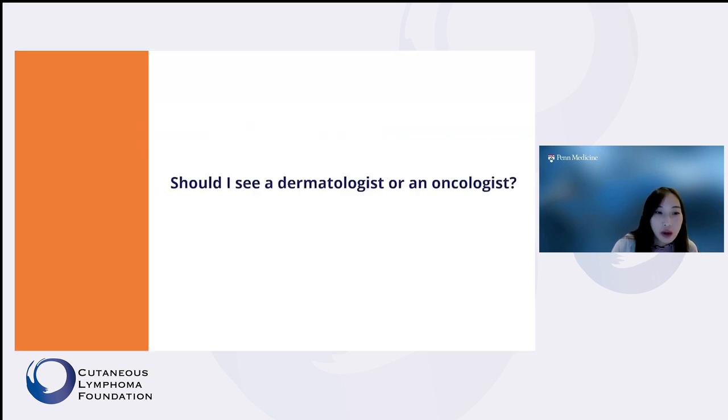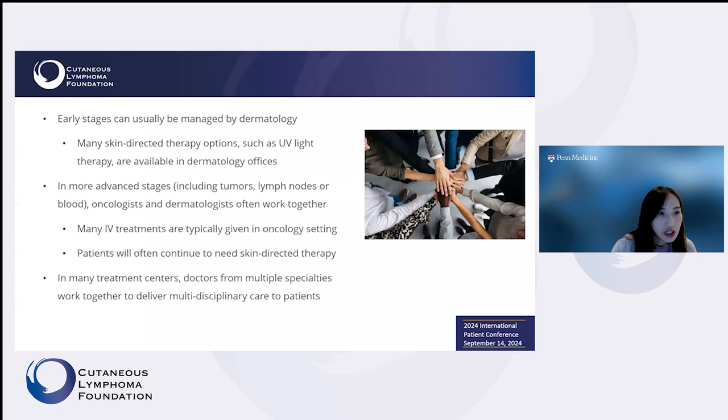So another common question that patients ask is, should I see a dermatologist or an oncologist? And this is a very good question. So the early stages of mycosis fungoides or cutaneous T-cell lymphoma can often be managed by dermatology. And this is because many skin-directed therapy options, such as UV light, are often available in dermatology offices. But in more advanced stages, when you have tumors or you have lymph node involvement or blood involvement, then oncologists and dermatologists work together.